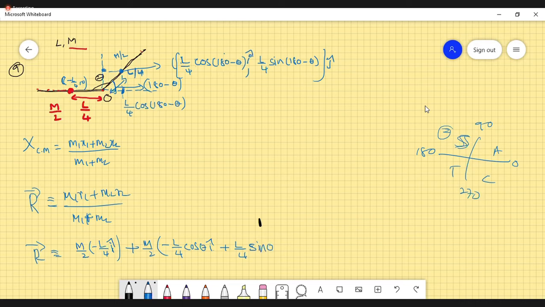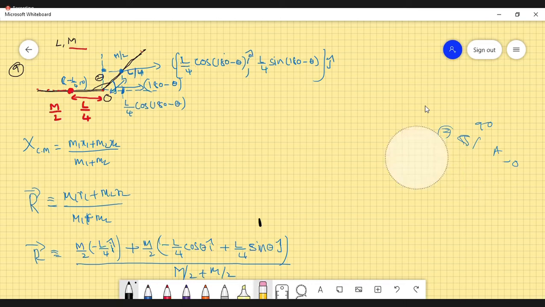Divided by M by 2 plus M by 2. M by 2 plus M by 2 is nothing but M.